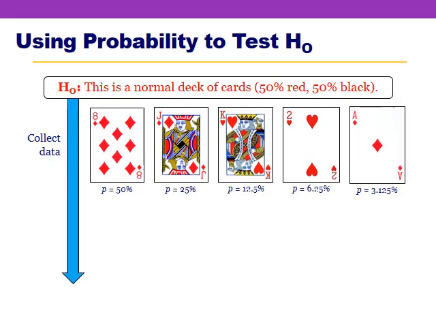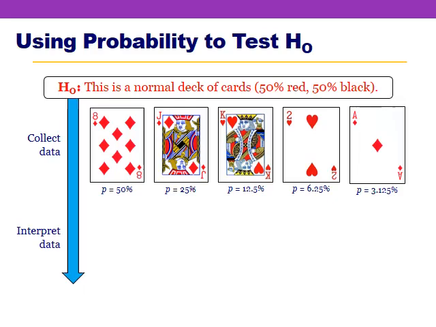The probability of drawing 3 red cards in a row from a normal deck of cards is 12.5%, and so on and so on and so on. So every time we drew another red card, the pattern that we were seeing got stranger and stranger and stranger. And it probably led you to think, well, maybe this isn't a normal deck of cards.